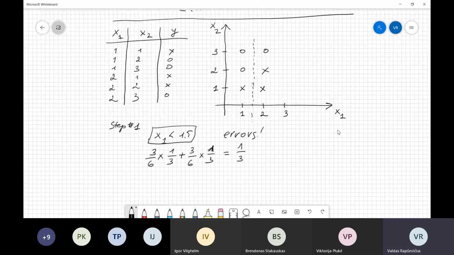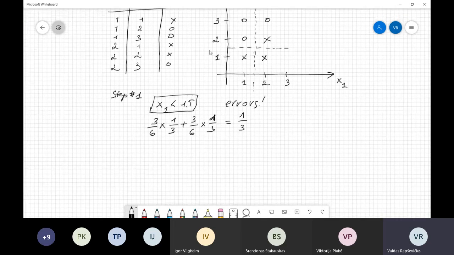So now let's take another example. So we want to evaluate another example. So let's take this guy. We are going to the other feature because there are no possibilities to split on x1. Now we will try to split on x2, so this would be x2 less than 1.5.